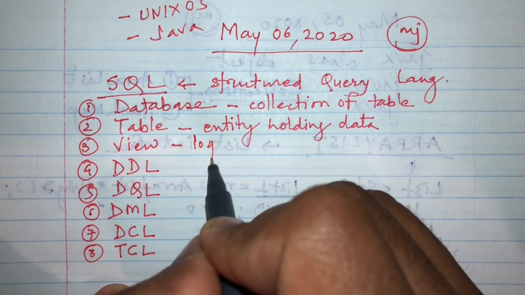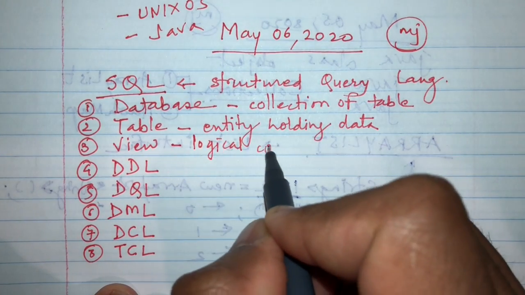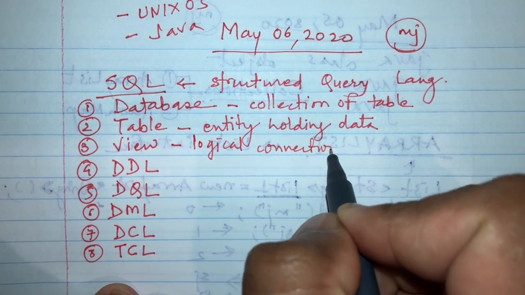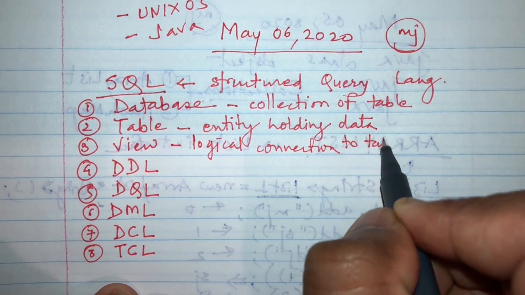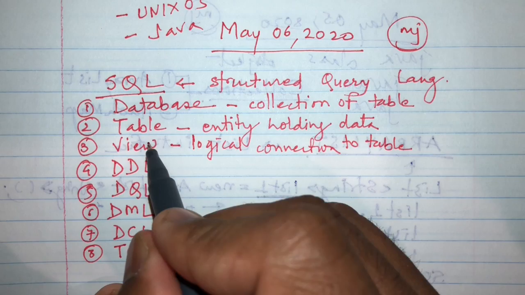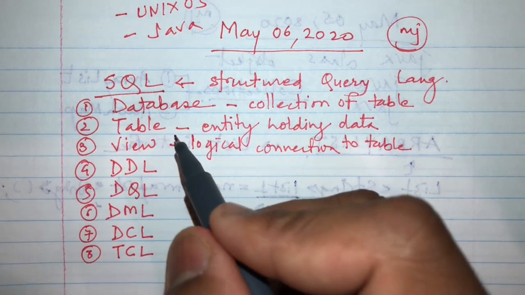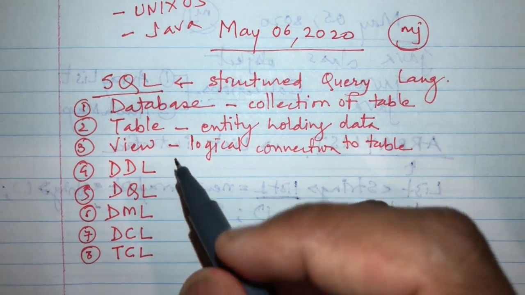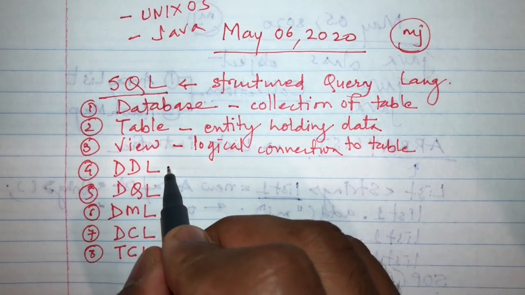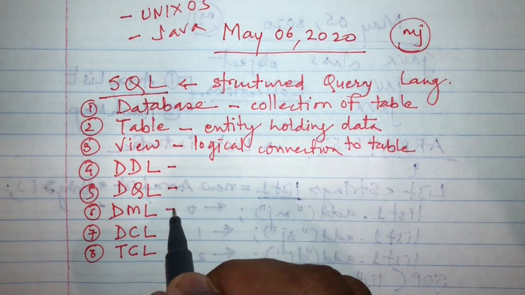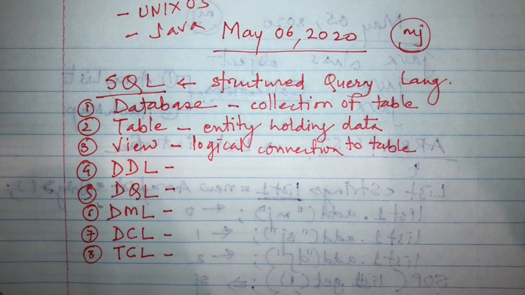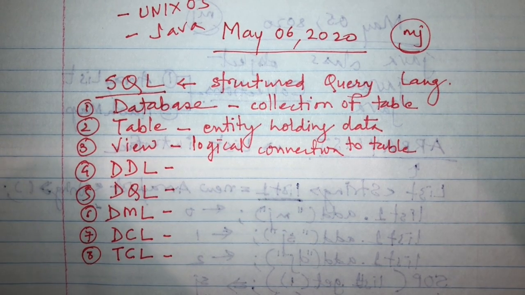So I will just write: it's a logical connection to the table. And please note that while creating the view, you must mention which table it is going to fetch the data from.